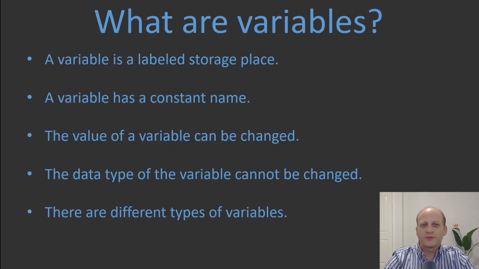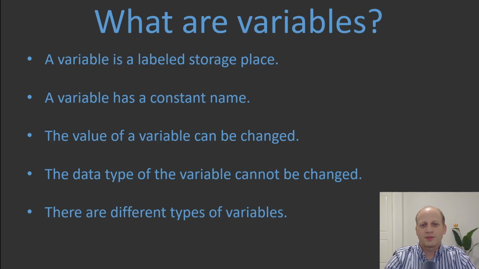A variable is a labeled storage place where a program can store data during its execution. The name of the variable is constant, which means it can't be changed. We access the variable using this name. In contrast, the value of the variable can be changed whenever required. Except for the name and the value, another very important characteristic of a variable is its data type.